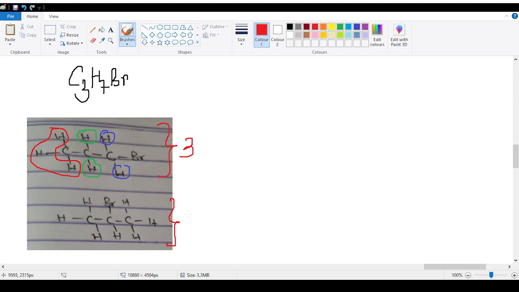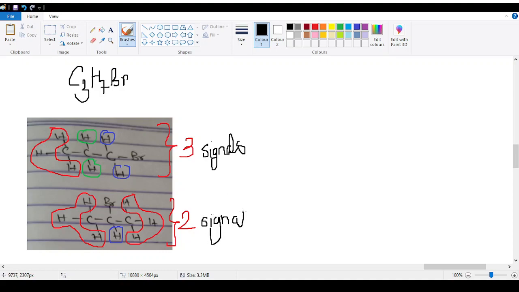So overall, two different environments. That is correct. These hydrogen atoms and these hydrogen atoms will have the same environment, and this hydrogen alone will have a different chemical environment. So for this we will get three signals, and from this compound we will get two signals only. So you can see how NMR spectroscopy can be helpful to differentiate between two isomers. Although they have the same molecular formula, chemically they will behave the same way and react similarly, but you can use NMR spectroscopy to differentiate. Does that make sense?